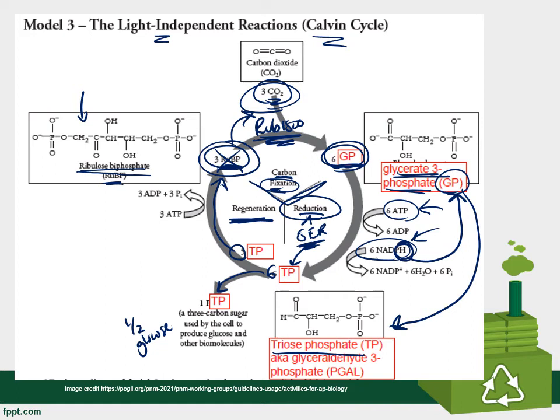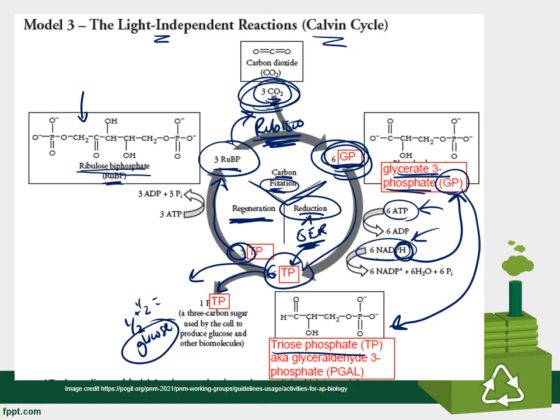So instead, we're going to make that RUBP again. That RUBP is going to be used, bind together with some CO2 by the enzyme Rubisco. We're going to make some more GP. We're going to turn that into some more TP. We'll get another half a glucose, and 1/2 plus 1/2 equals a whole glucose molecule.